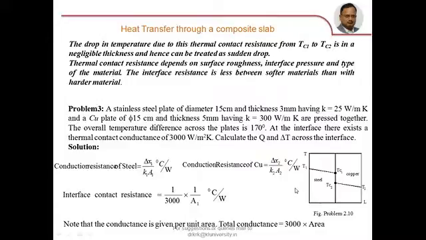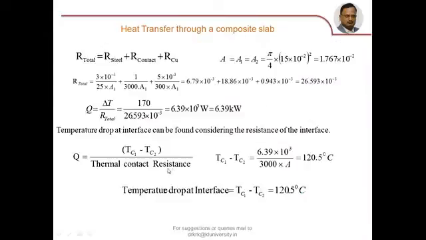Therefore, you can write the equation for Q as Tc1 minus Tc2 divided by thermal contact resistance. Therefore, Tc1 minus Tc2 equals Q into thermal contact resistance.